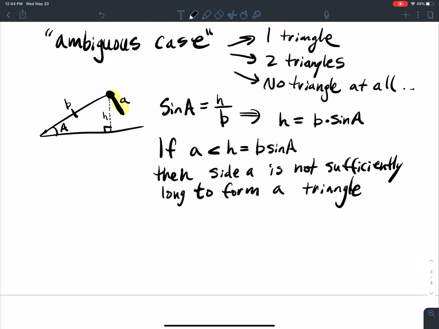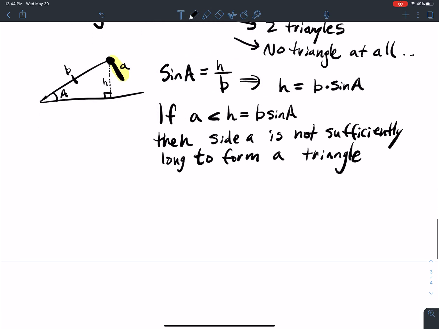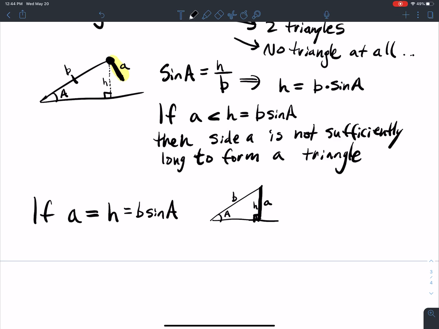However, if the side A is equal to H, which is B times the sine of capital A, what does that mean in the picture? If this is H here, and that's A there, and these are equal to each other, then they're the same. And what does that tell me?